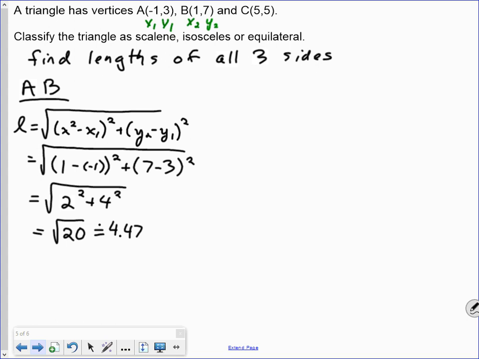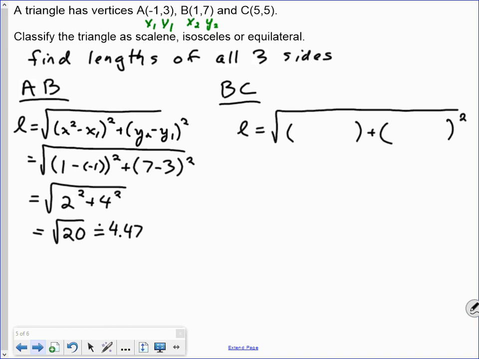We want to repeat this for our other two sides. So BC, the length is going to be, and I can see the length formula there, so I'm just going to put in the values for x2 and y2. So if I'm doing BC, my x2 is going to be 5, my x1 is going to be 1, my y2 is going to be 5, and y1 is going to be 7.